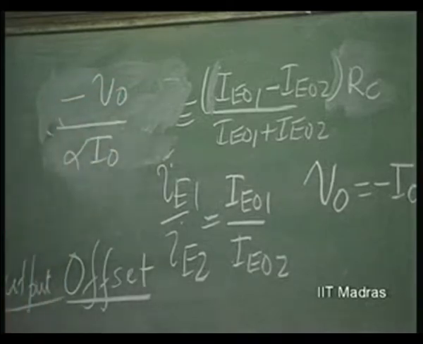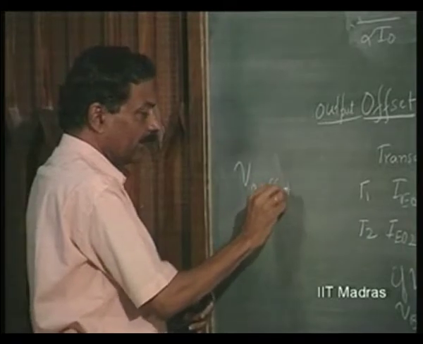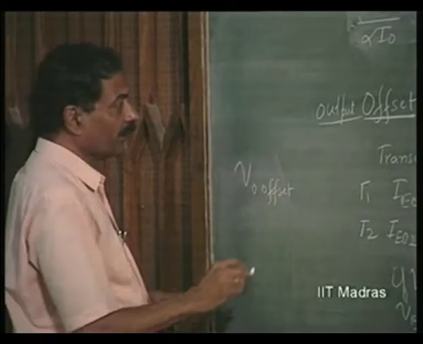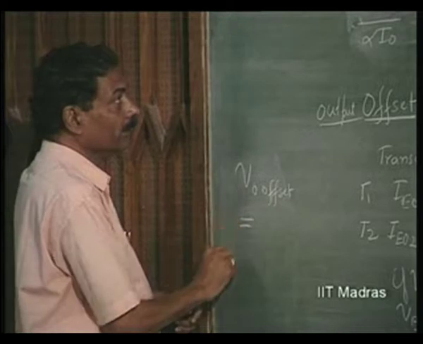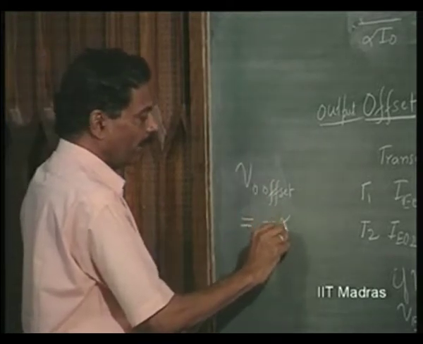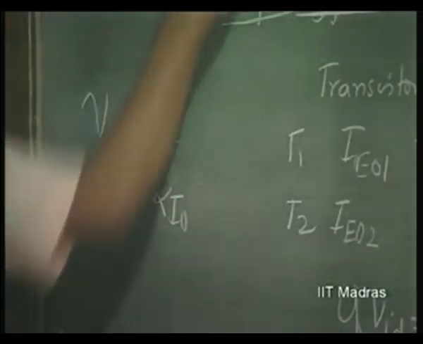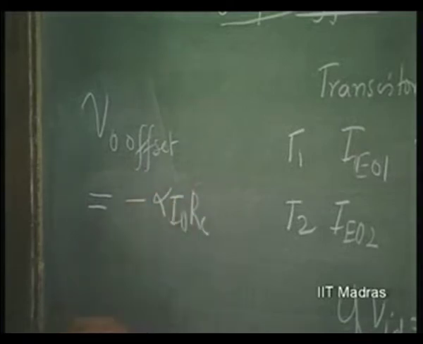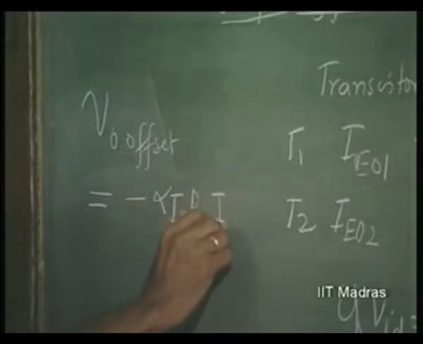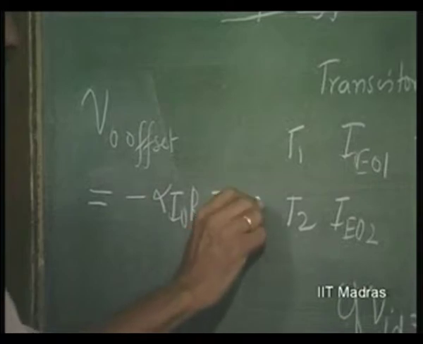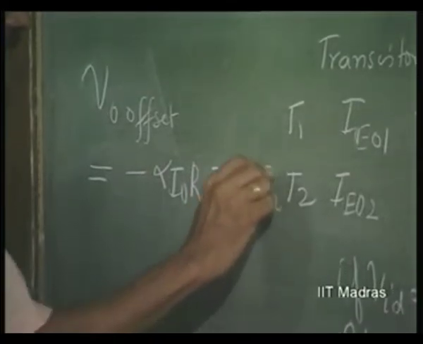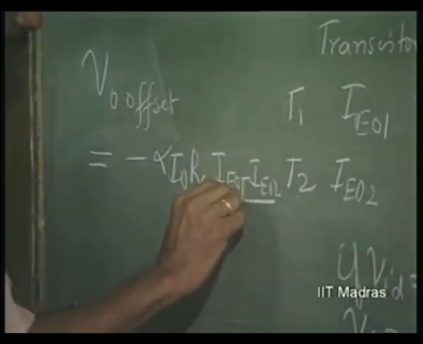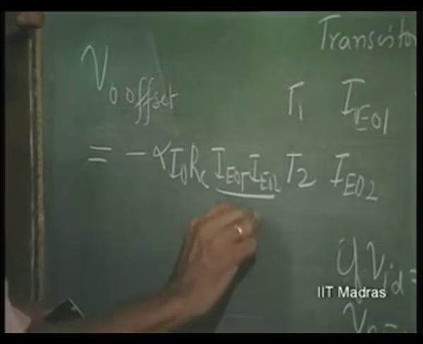And therefore, V0, this is what is called the output offset voltage, equal to minus alpha I0 RC into IE01 minus IE02 by IE01 plus IE02.